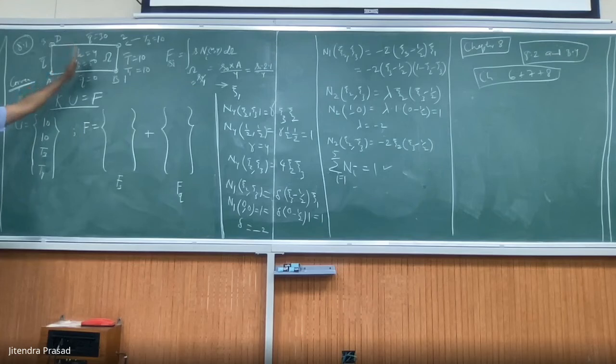See here, from the continuous system we are transferring to a discrete system. Whatever heat is produced here, we distribute to all 4 corners, all 4 nodes.